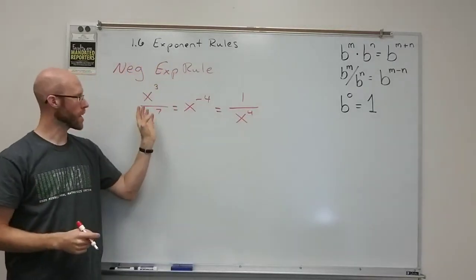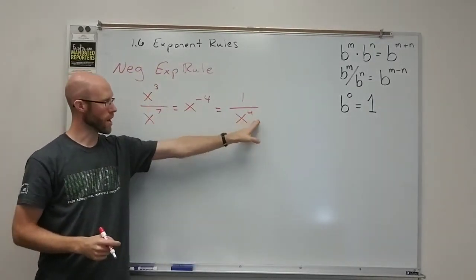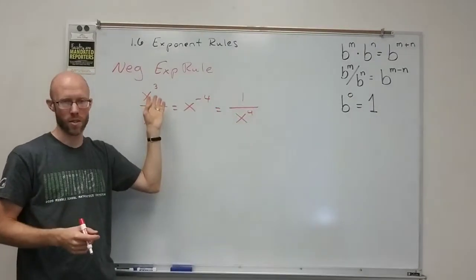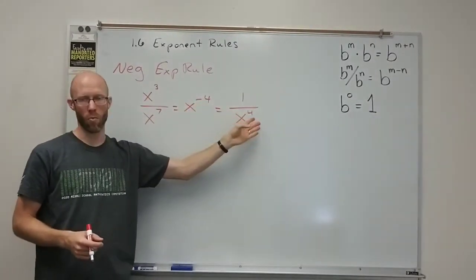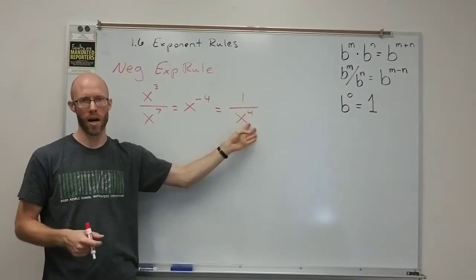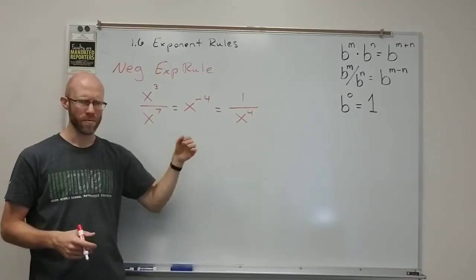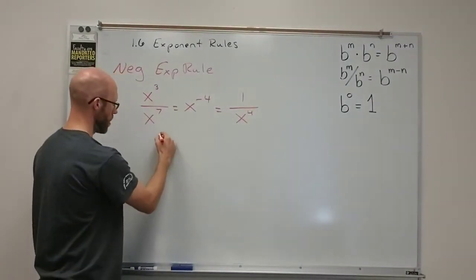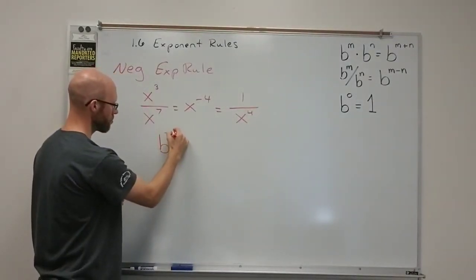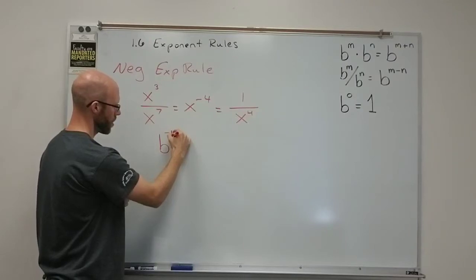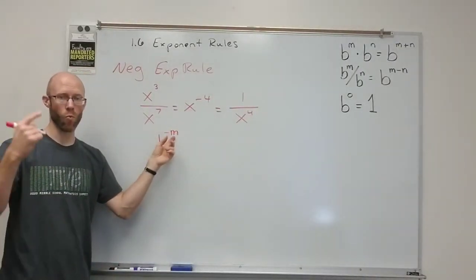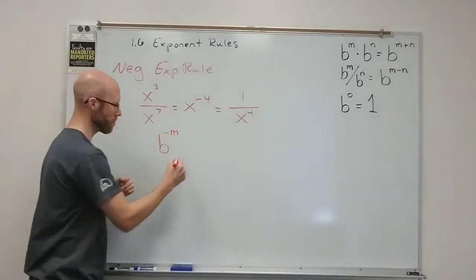So you have two different cases, I guess: one where you have a negative exponent and one where the positive exponent is on the bottom. As a general principle, if you had a base with a negative power, we'll say b to the negative m, well, that's the same as 1 over b to the m.